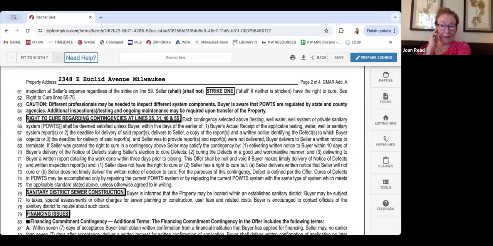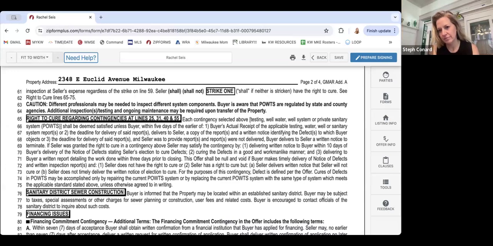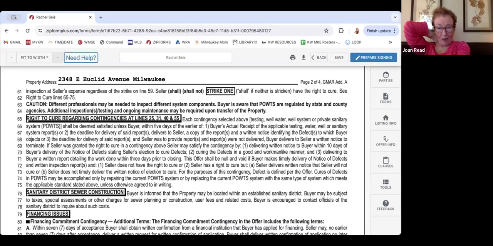But I would add too, most of these cures, like drinking water, things like that, are very simple. So you're not really harming the seller by asking for the well water or well system to be cured.